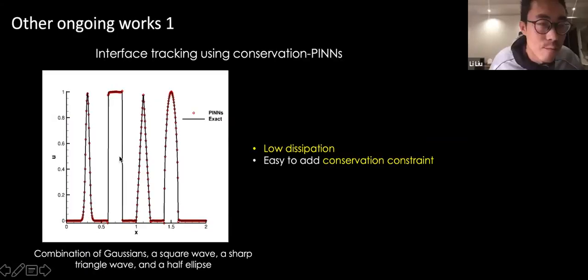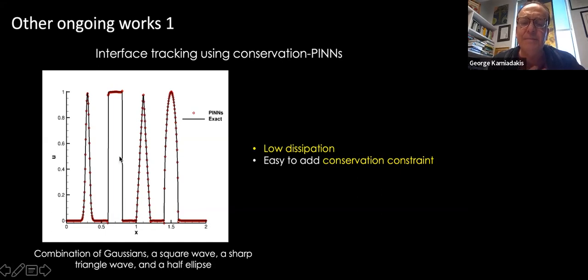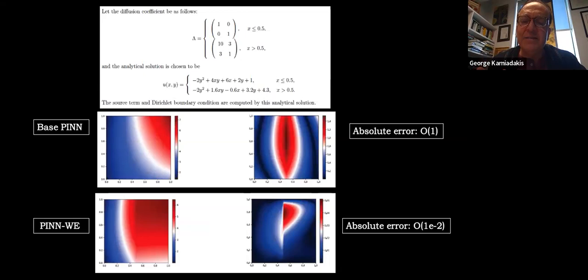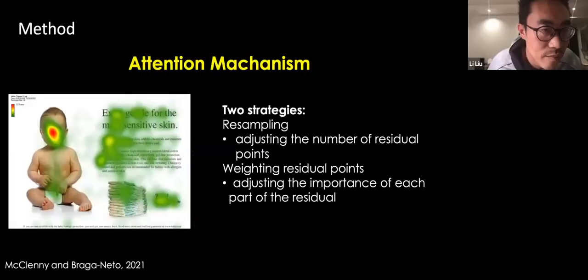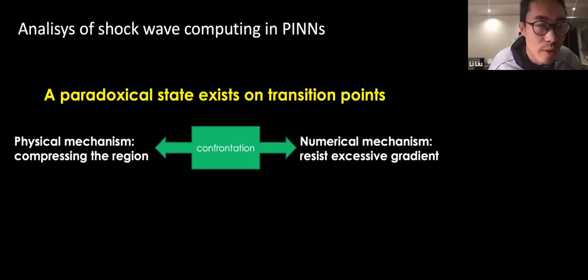Another question I have. Because you're using the non-conservative form, how do you make sure that the shock will travel at the right speed? Because in non-conservative form, we don't guarantee that the speed of the shock is correct. This is a very good question. In fact, in this work, we still use the conservative form of the equations, like here.